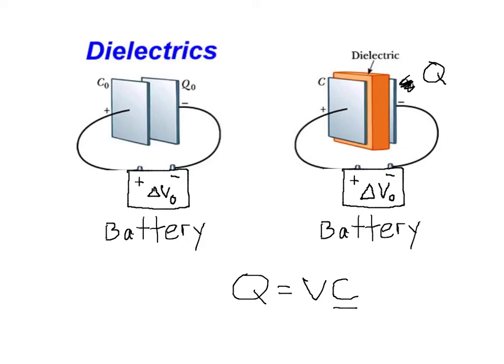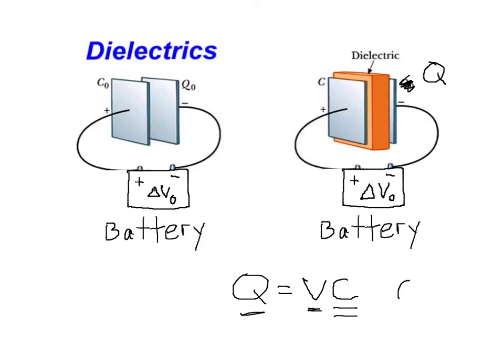We're still increasing the capacitance by introducing the dielectric, but because we cannot change the voltage in this case, the Q has to increase proportionally to the capacitance increase. So again, using maybe the same dielectric we had in the last example, we will now have twice as much charge built up on these capacitor plates as what we had originally with the same potential difference.